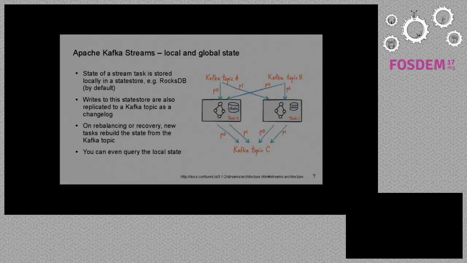And this is the way that Kafka Streams handles rebalancing and fault tolerance, because any other instance of your application can just read the state of your streaming application from that changelog and recover it.